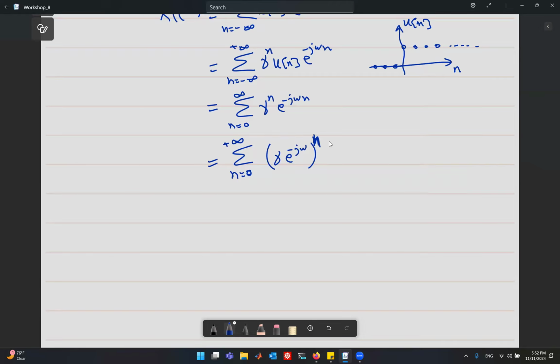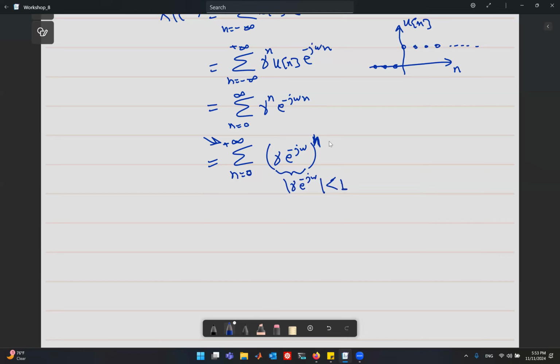But since we have an infinite summation here, we need to worry about its convergence. It might not converge. But we know that for a geometric series, the only condition for it to converge is that this quantity, the magnitude or absolute value, since it's complex, should be strictly less than 1.